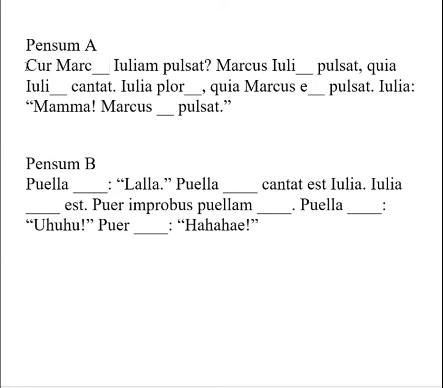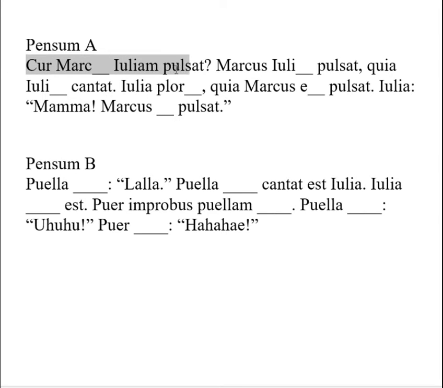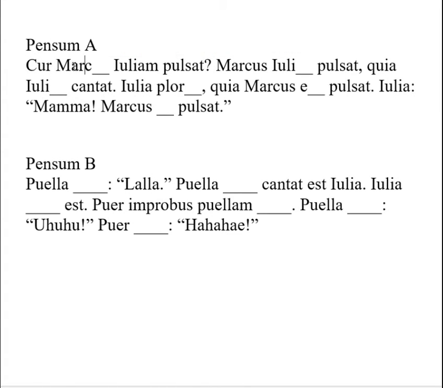So we see Kur mark something, Juliam pulsat. What is this sentence asking of us? Well, it's asking for us to fill out this part right here, so we have to figure out what the rest of the sentence is. Kur means why, then mark something, obviously, refers to Marcus, and then we have Juliam.